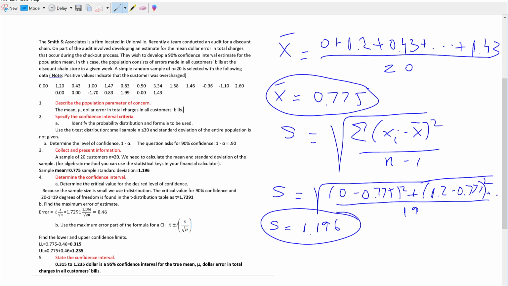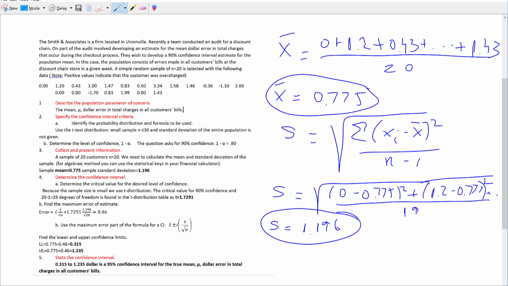So once more we use a t distribution and we have to read the critical value of t for a 90% confidence interval. When we read the t critical value, we have to identify the number of degrees of freedom. Once more, the formula for degrees of freedom is n minus 1. So we have 20 customers minus 1, so we have 19 degrees of freedom.